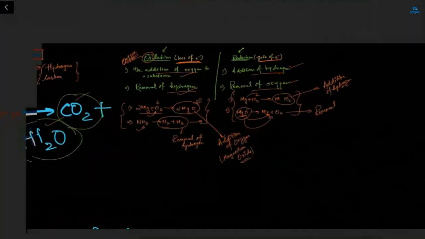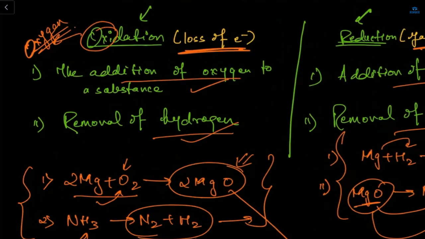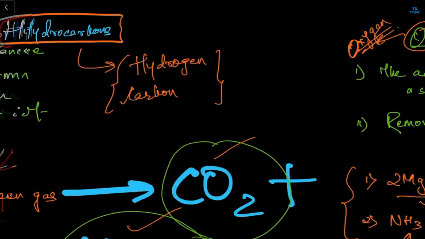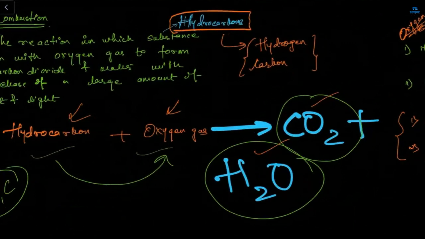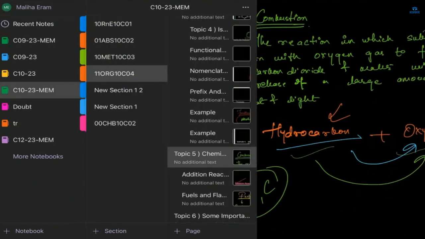Oxidation is addition of oxygen and removal of hydrogen. Reduction is addition of hydrogen and removal of oxygen. Combustion reaction means a hydrocarbon reacts with oxygen, and in the product side you get carbon dioxide, water, and heat and light.